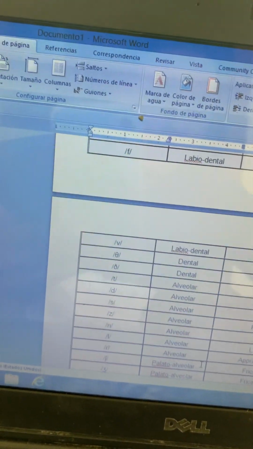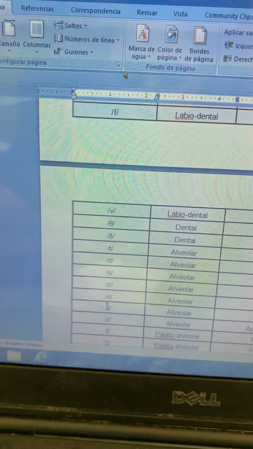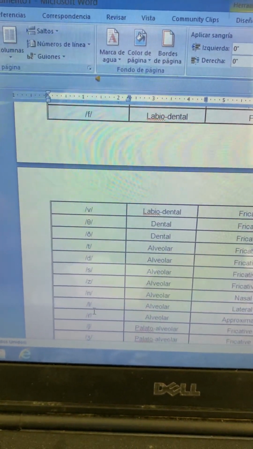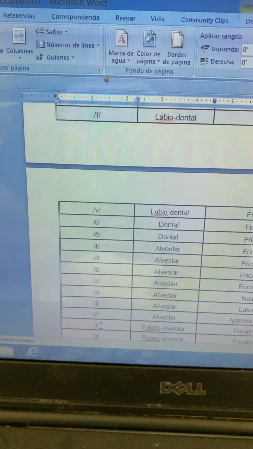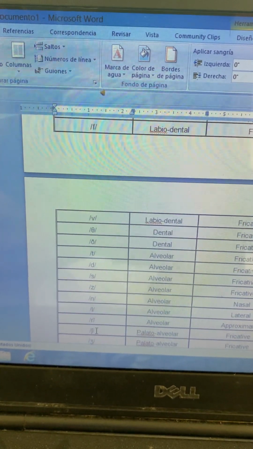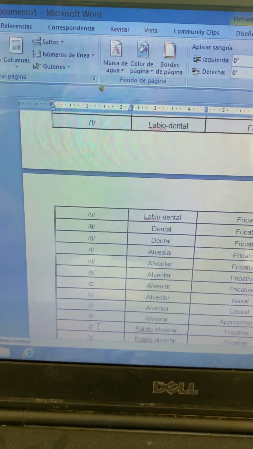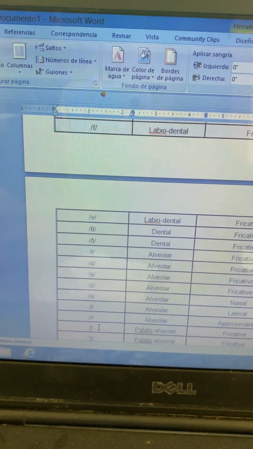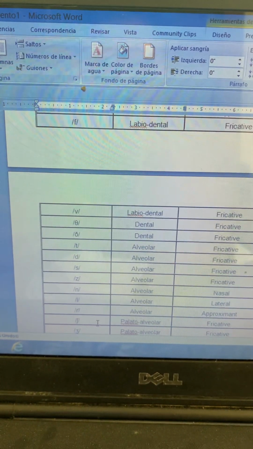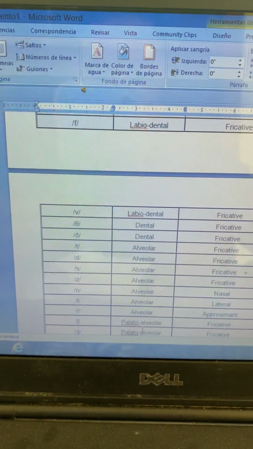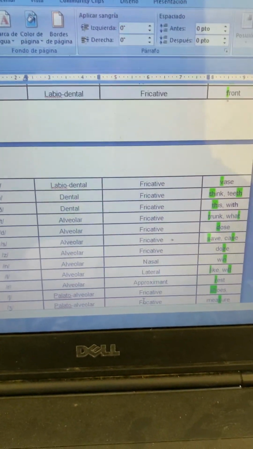And here we have the consonant which is voiceless, palatal-alveolar, fricative.